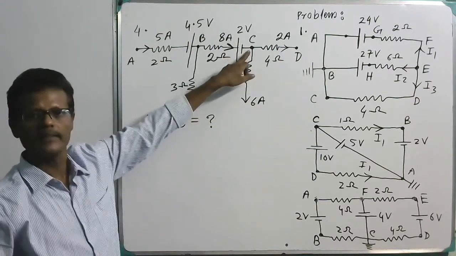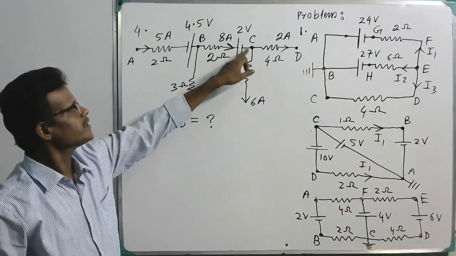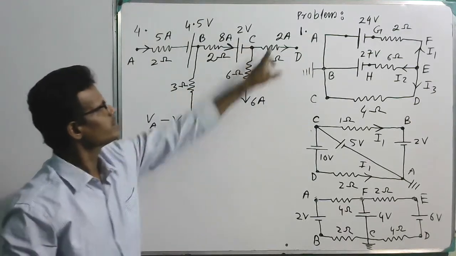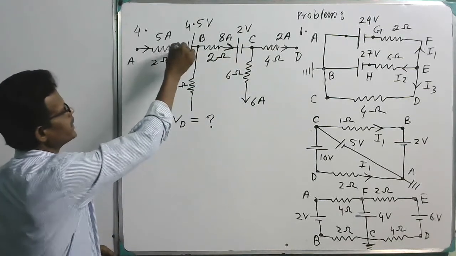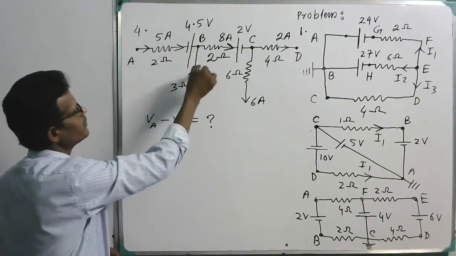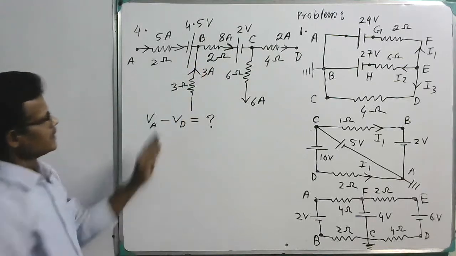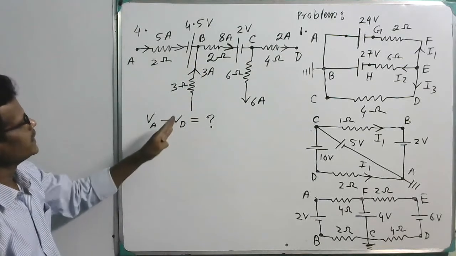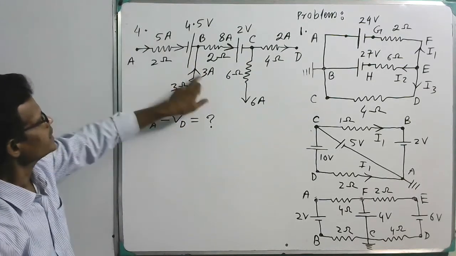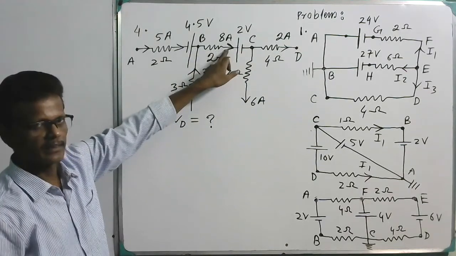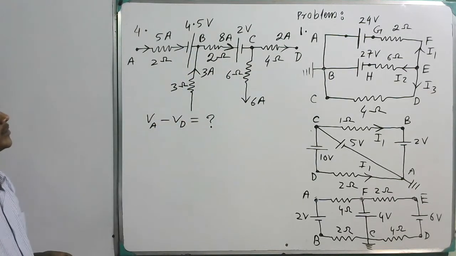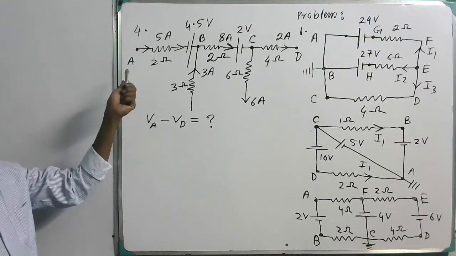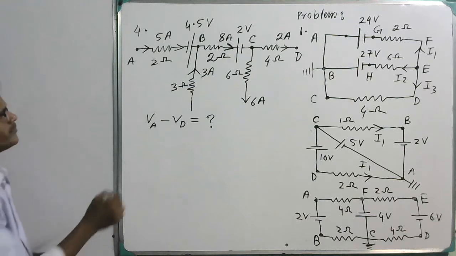But this is 5 ampere, so the remaining 3 ampere must flow through this resistance. So 5 plus 3 will be 8. So there is a current distribution before finding the potential difference between points A and D.